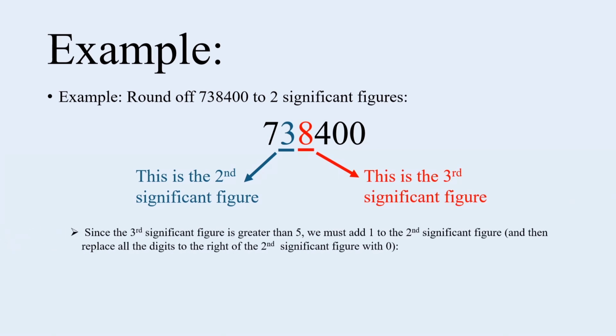Since the third significant figure, which is 8, is greater than 5, we must add 1 to the second significant figure and then replace all the digits to the right of the second significant figure with a 0. Therefore, 738,400 rounds off to 740,000.